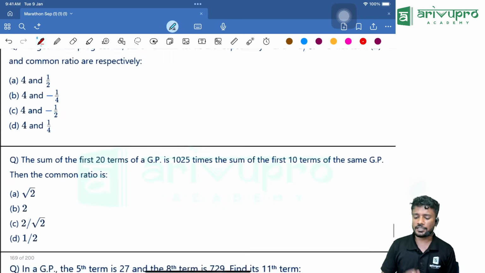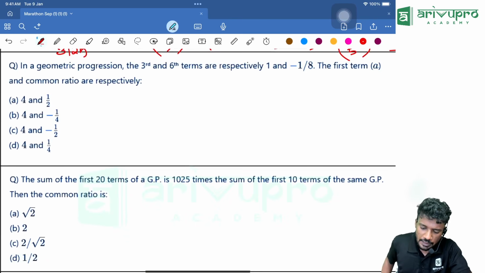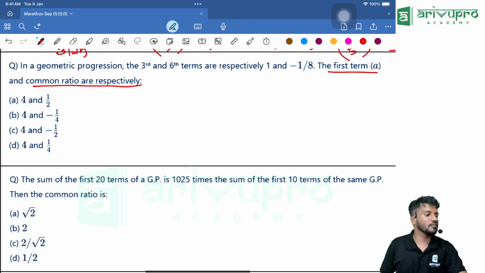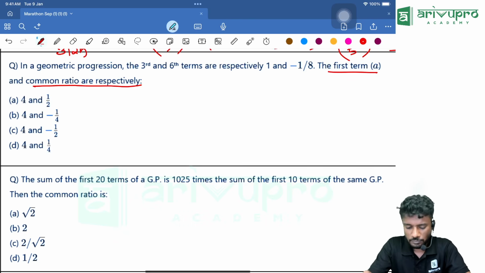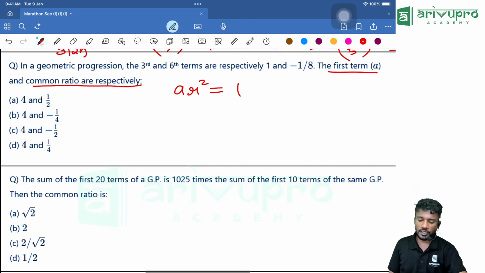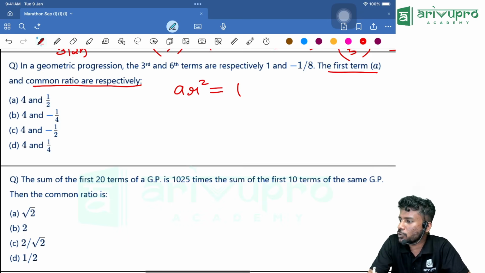Now, get me the answer for this. In a geometric progression, the third and sixth terms are respectively 1 and minus 1 by 8. The first term A and the common ratio are respectively what? In a geometric progression, the third term AR square is equal to 1. The third term of a GP is AR square, and the fourth term is AR cube, because AR raised to n minus 1.